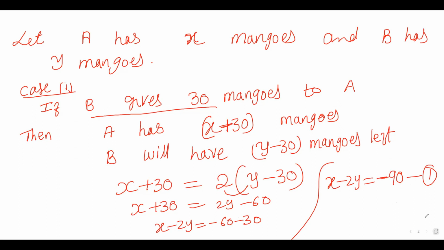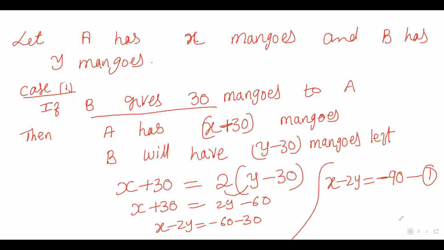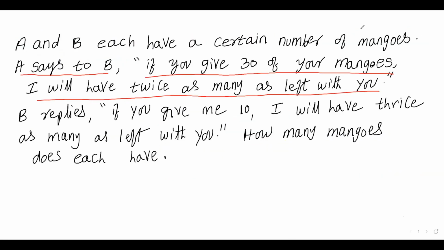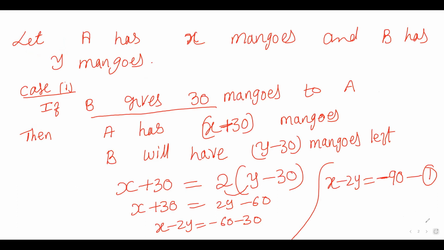Now go to case 2. Read carefully the case 2. B is saying, if you give me 10, I will have thrice as many as are left with you. Who is giving 10?